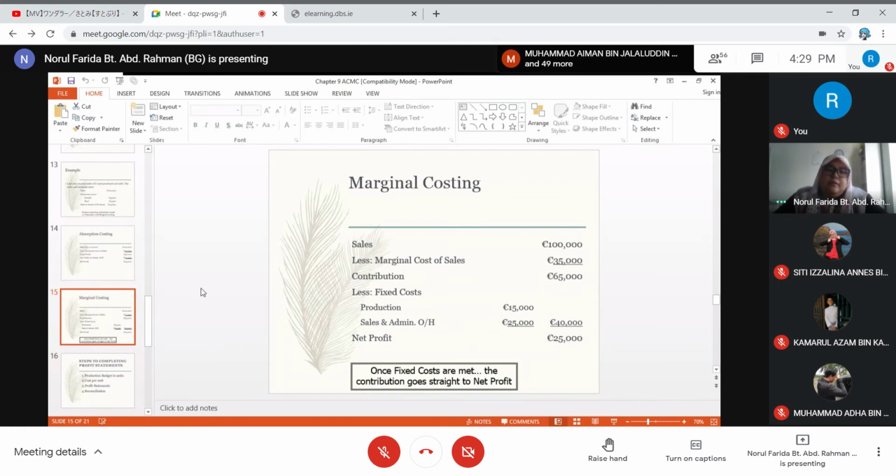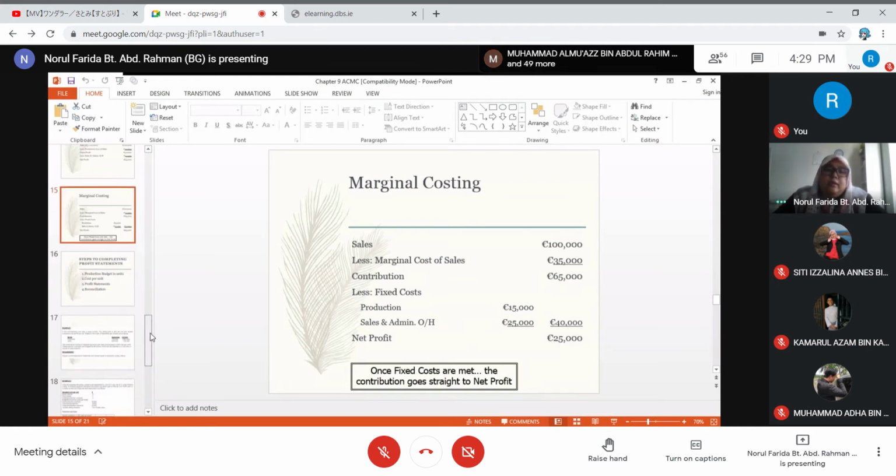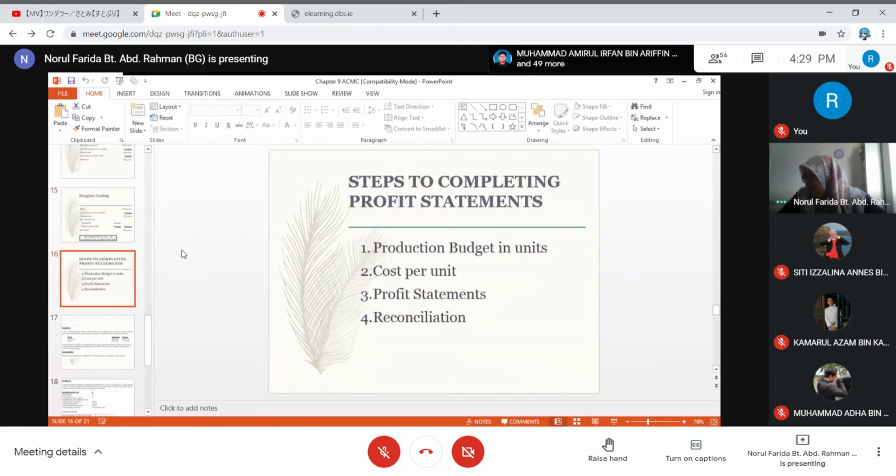Okay, so how are we going to complete the profit statement? Alright, so they tell you kat sini, steps to completing profit statement is for you to first prepare a production budget in units, and then you will prepare a cost per unit, and then you will do profit statement or your income statement, and then you will do reconciliation.